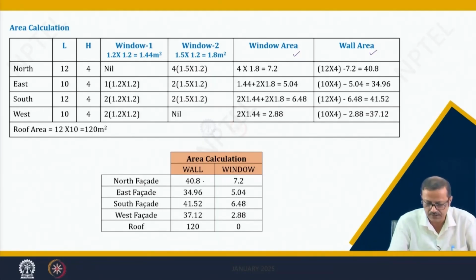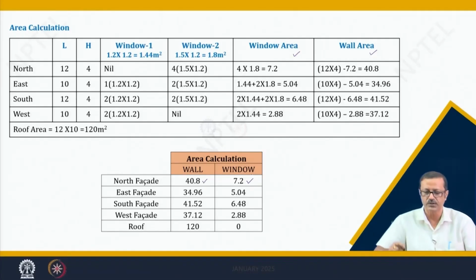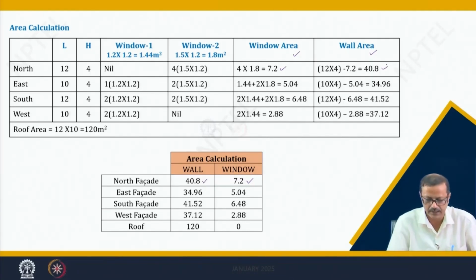For the north facade, the wall area is 40.8 meter square and 7.2 meter square is the window area. Like that, the east facade is 34.96 and 5.04, and finally, the roof area is 120 meter square, whereas there is no window in the roof.